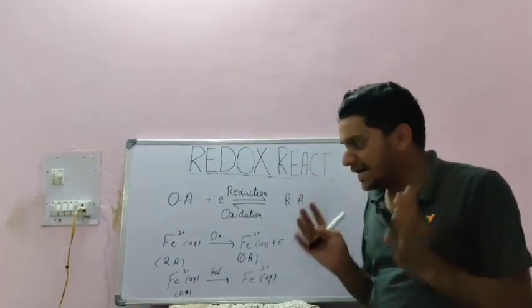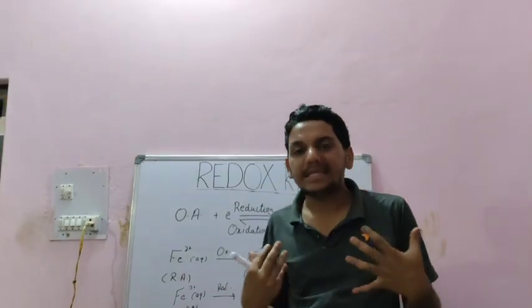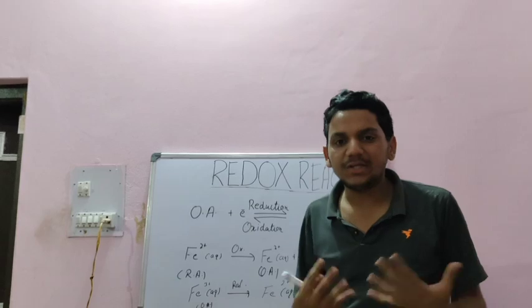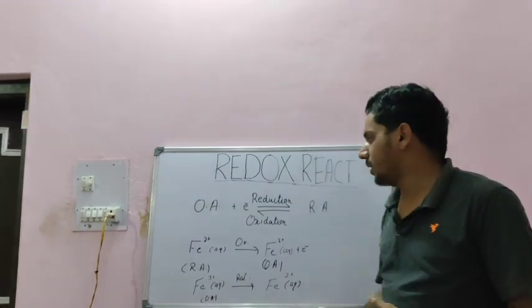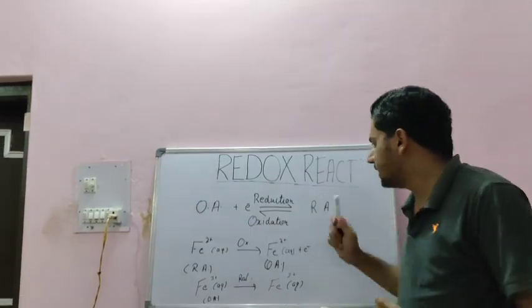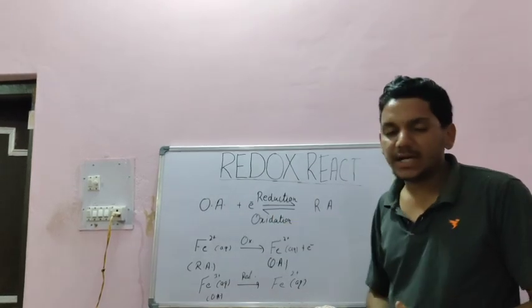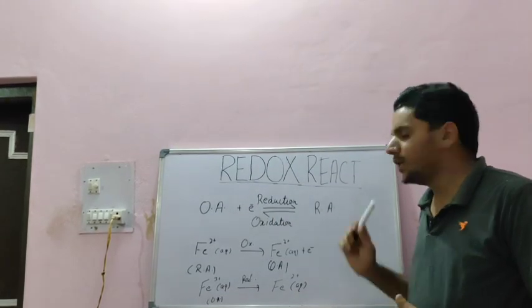Now, to understand how oxidizing agents and reducing agents work in a chemical reaction, let us take an example. In this chemical reaction, the reactants are oxidizing agents and the products are reducing agents.